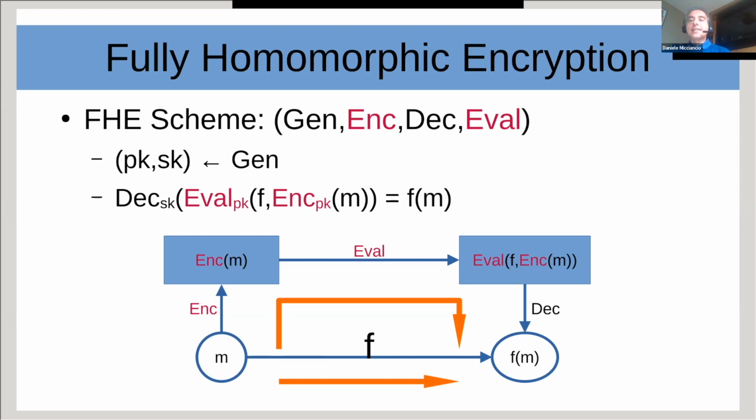you will get exactly the same value as what you would obtain by performing the computation in the clear, taking your message M and computing the function F directly on M without performing any type of encryption. So we have these two paths in the picture. You can either go directly from M to F(M), or you can go up to a ciphertext, evaluate, and then decrypt. And these two paths should give exactly the same result.